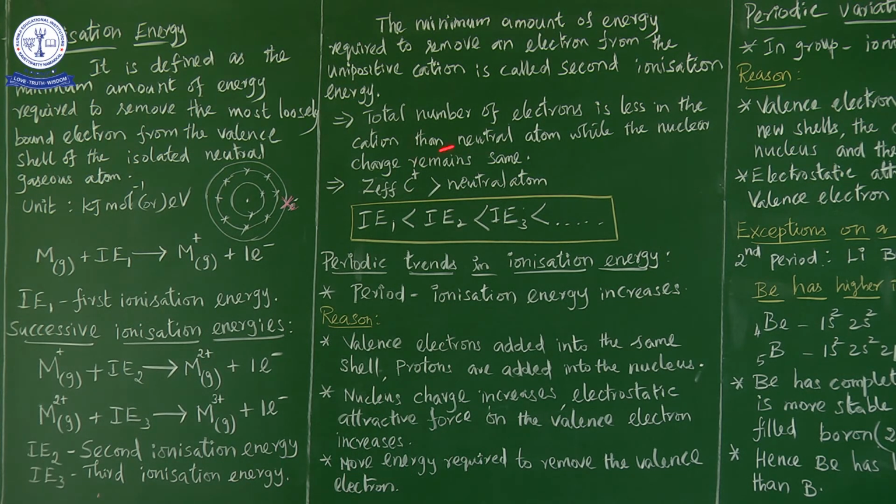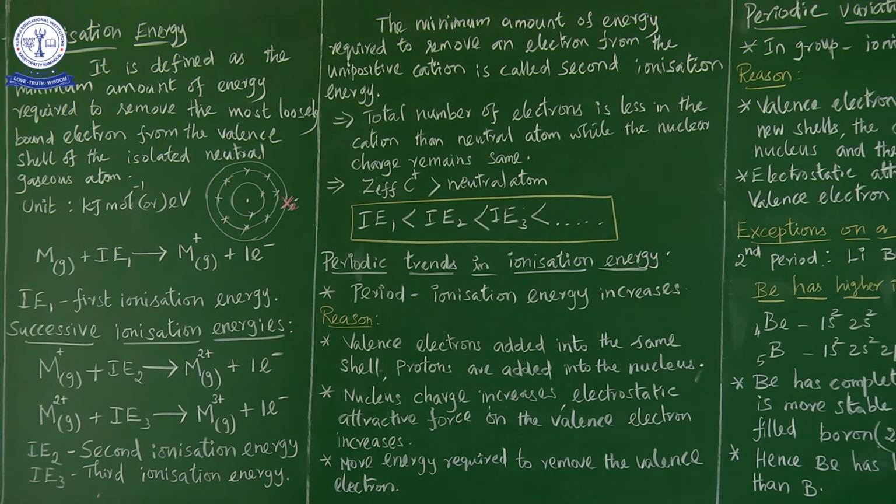So what is the reason for the increasing ionization energy? The total number of electrons is less in the cation than the neutral atom, while the nuclear charge remains same. So total number of electrons, இப்போ neutral atom assume பண்ணிக்கலாம். For example, we assume sodium. For sodium, the total number of electrons are 11. In Na plus ion, after losing one electron, Na plus has 10 electrons.